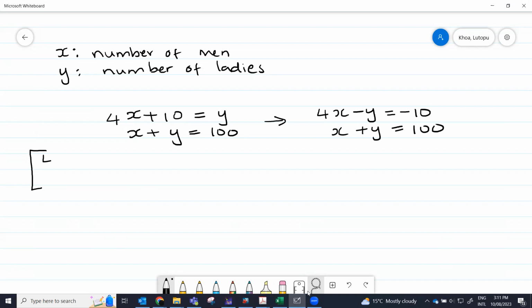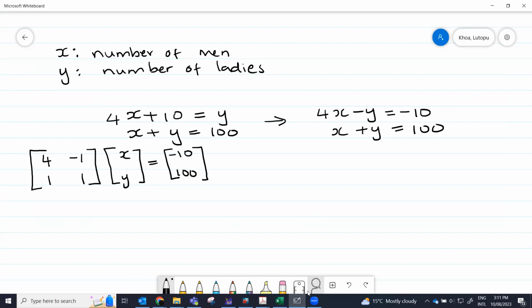So x column, y column, and constants on this side. Then you put this in matrix form: [4, -1; 1, 1] times [x, y] is equal to [-10, 100].